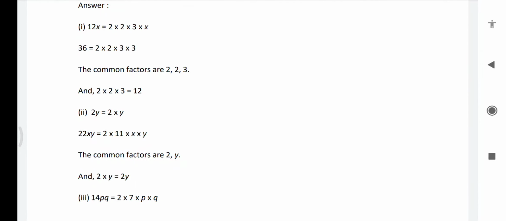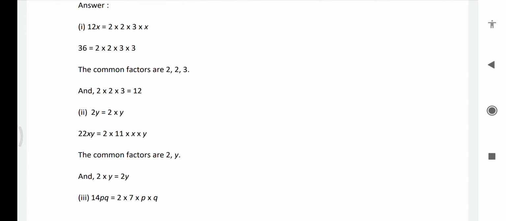12x and 36. So 12x, somebody speaks 6 to the 12, 4 3 the 12, all are right, but we have to write prime numbers. So 12x equal to 2 multiply 2 multiply 3 multiply x.